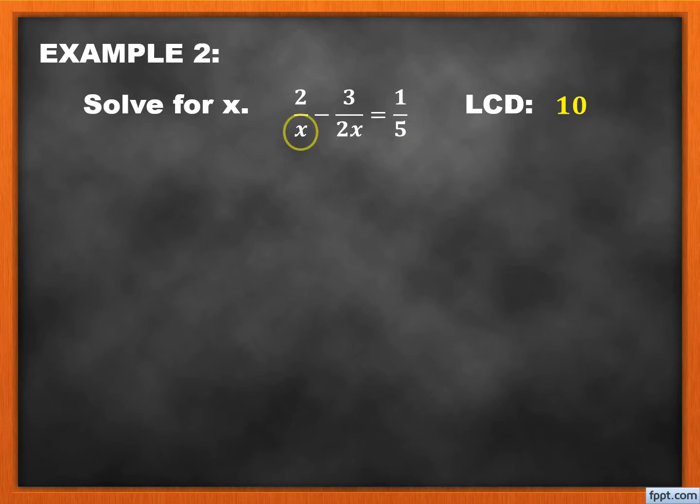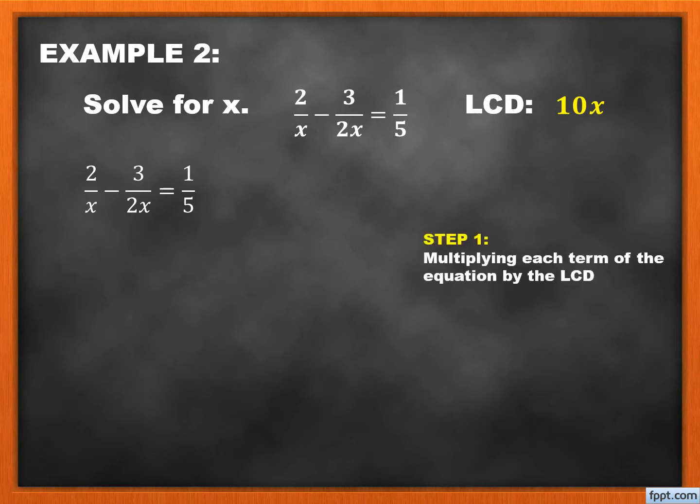Next, since our denominators have the variable x, therefore, our LCD also has the variable x. Therefore, our LCD is 10x. Now, using our equation 2 over x minus 3 over 2x equals 1 over 5, we're going to multiply each term of the equation by our LCD, which is 10x.